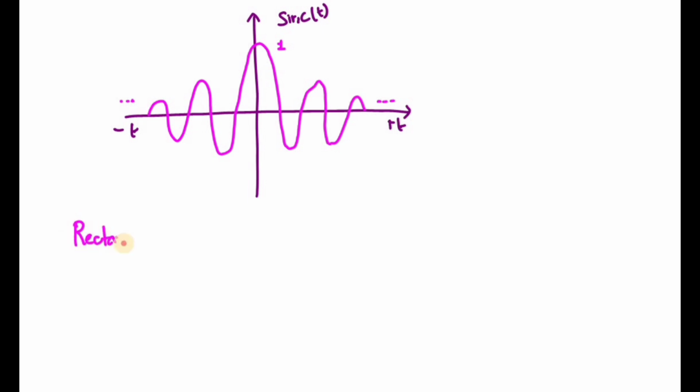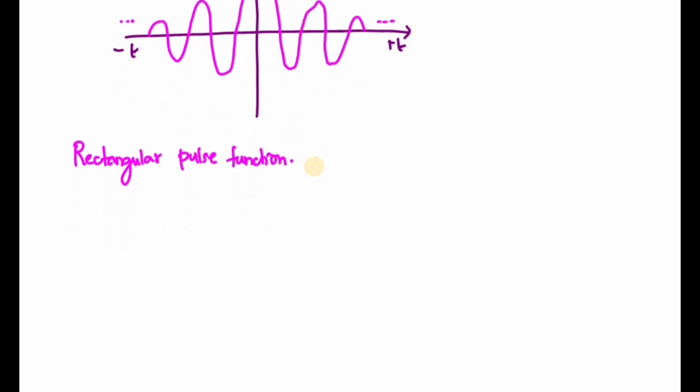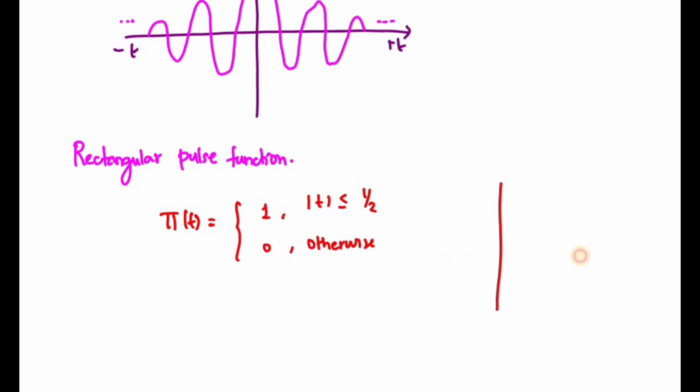So the next one is the rectangular pulse function. So pi of t is equal to 1 for magnitude of t less than or equal to 1 by 2, and 0 otherwise, since it is a rectangle signal.